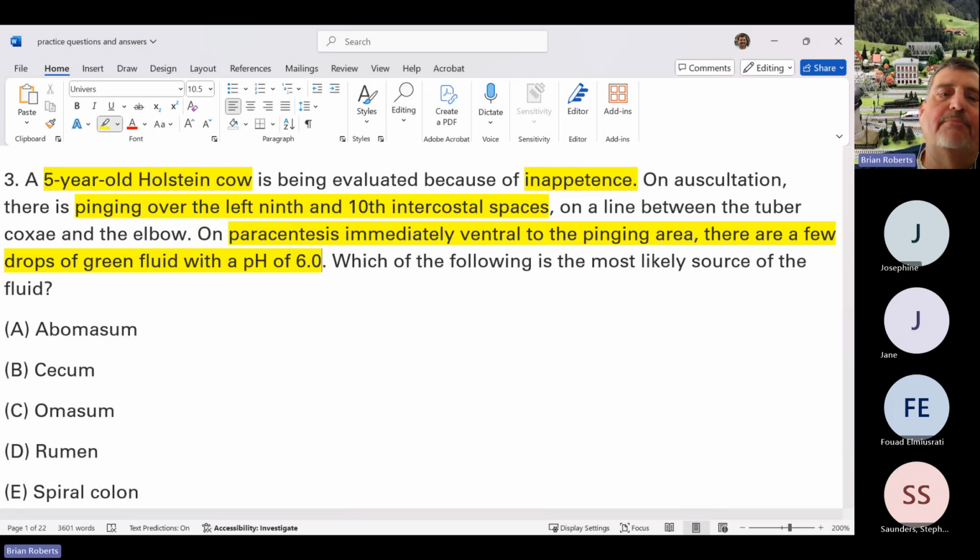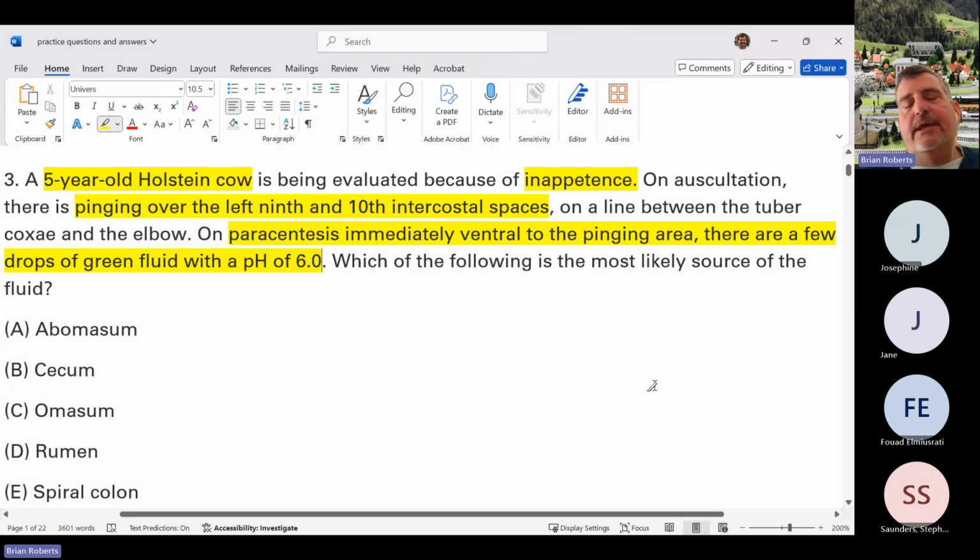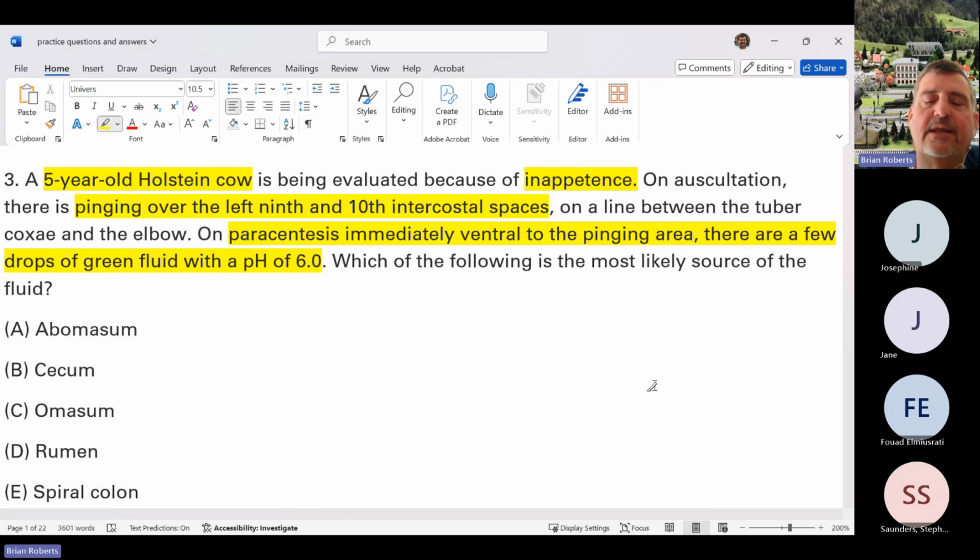Okay, so you need to remember a couple of things. Cows that have inappetence and pinging on physical exam usually have something out of whack with their GI. There's some kind of displacement potentially.